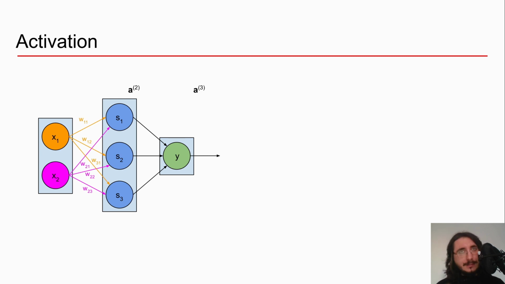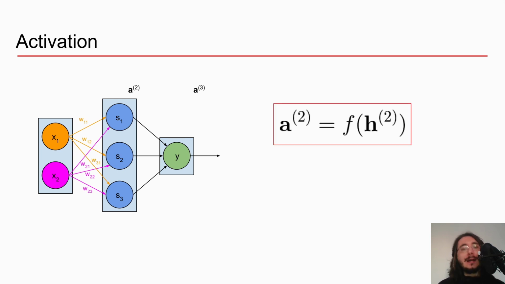And then we have the activations. If you remember, when we studied the artificial neuron as an individual computational unit, we said that the artificial neuron does two things. The first part is computing the net input, the weighted sum, as we saw. And then the second part is the activation itself, which is basically modulating the net input using a function. And we can easily rewrite the activation for all of the neurons in a layer by using this simple formula here.